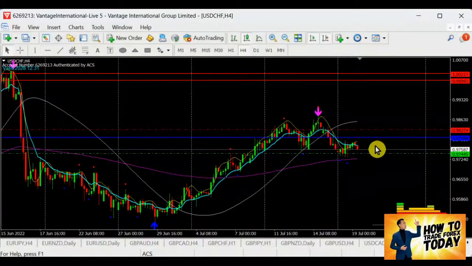At this support level, I would prefer to wait for it to break the support level with a new resistance below, then I start selling. So this is something that we take note of. Dollar franc, I'm going to put this in.